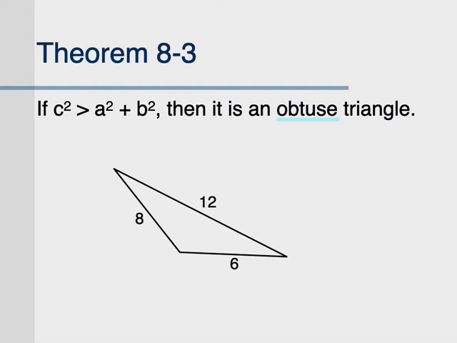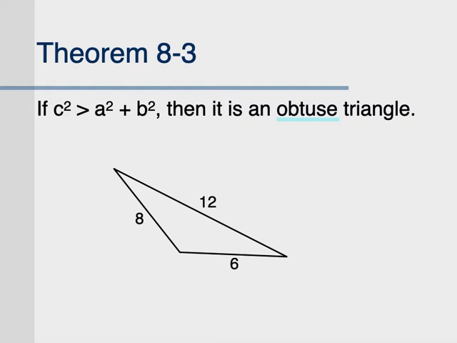The next theorem, Theorem 8-3, helps you figure out information about the triangle when a squared plus b squared does not equal c squared. For example, if the c squared half of the equation is greater than the a squared plus b squared half of the equation, then you know your triangle has to be obtuse.